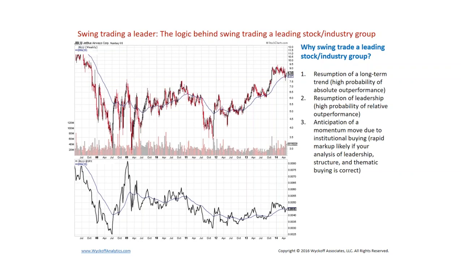What do I mean by that? When institutions are initiating a position, they are not initiating it in a specific singular stock. They are initiating a position in a theme, in an idea, and therefore their financial commitment is going to be not necessarily to a specific stock, but to a number of stocks in the same industry group.